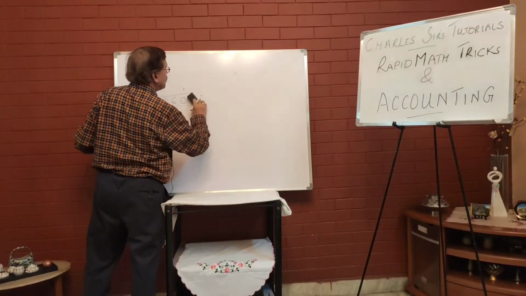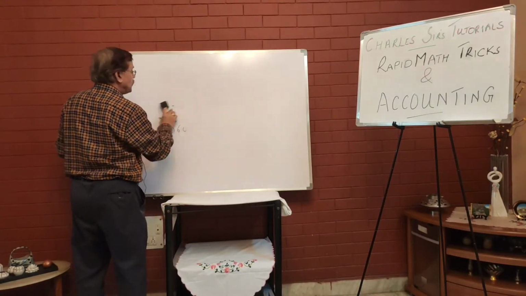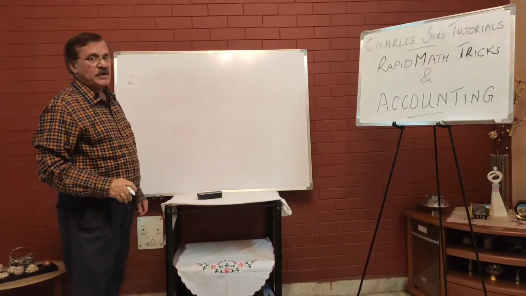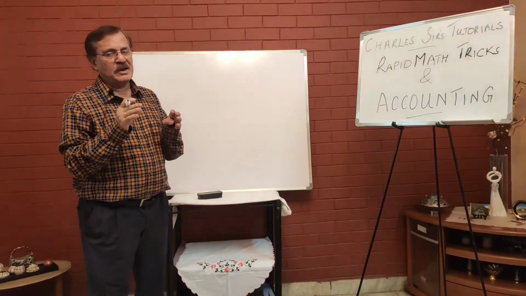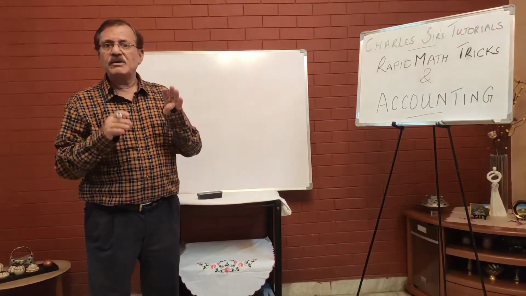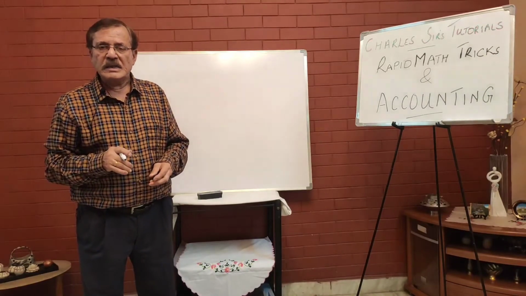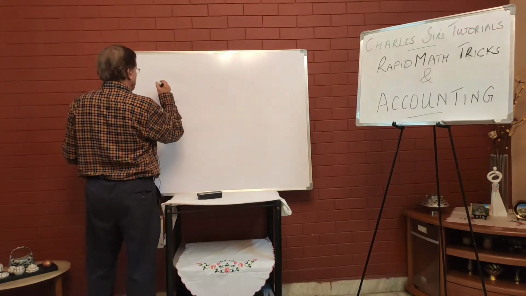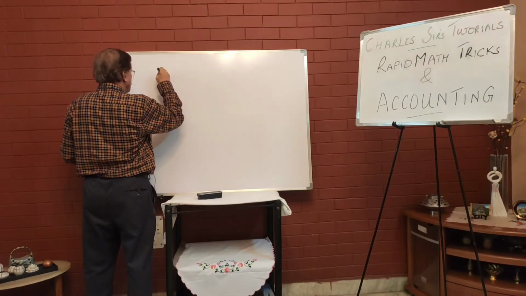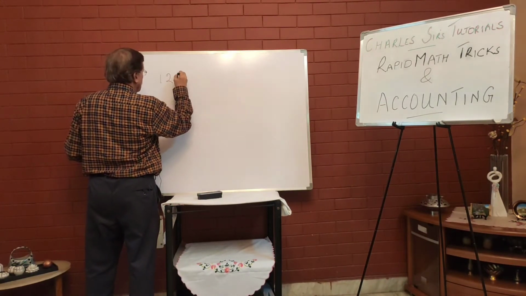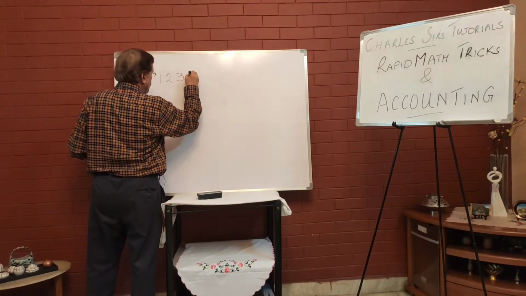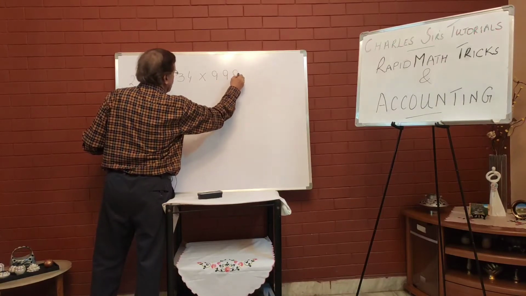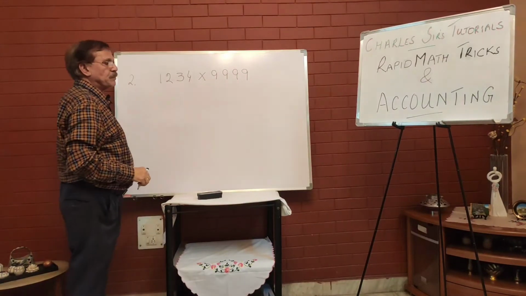by 9,999. Now be careful of the conditions over here. 4-digit here, 4-digit in 9,999. So I'll take a 4-digit number. 1,234 multiply by 9,999.